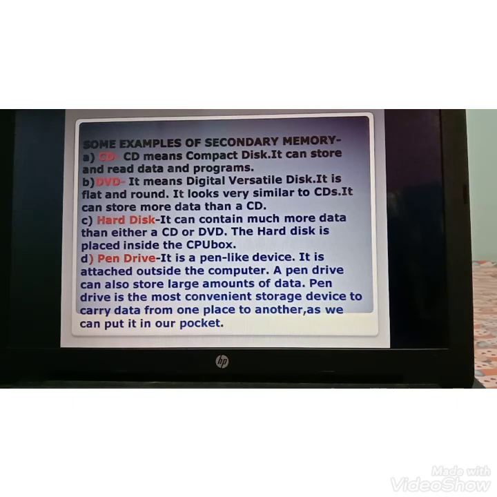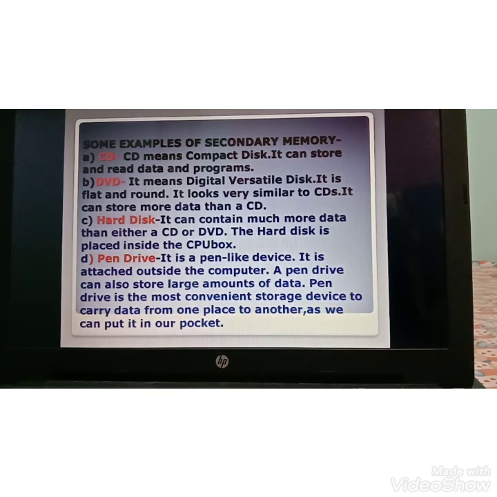Next is the pen drive. As you all are using pen drives, which are also known as USB drives. It is a pen-like device attached outside the computer. A pen drive can also store large amounts of data. It is the most convenient storage device to carry data from one place to another, as we can put it in our pocket. A pen drive is a removable device.